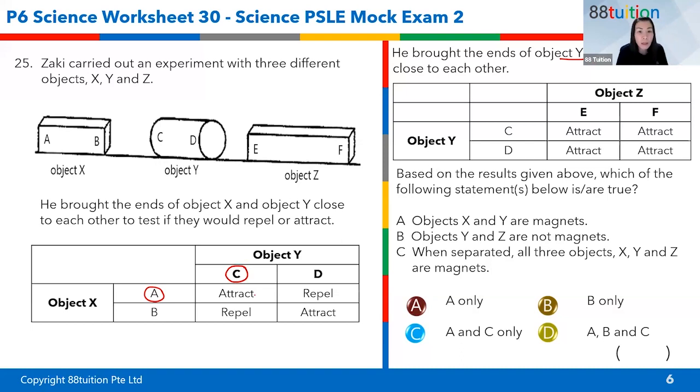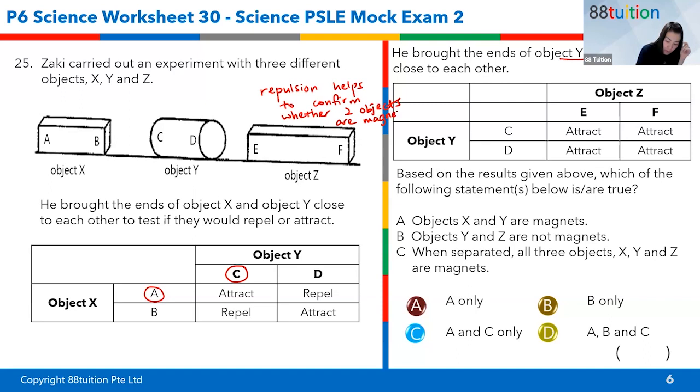Attraction means nothing, right? A magnet and a magnetic material attract anyway. So in order to check whether something is a magnet, we look for repulsion. Repulsion helps to confirm whether two objects are magnets.